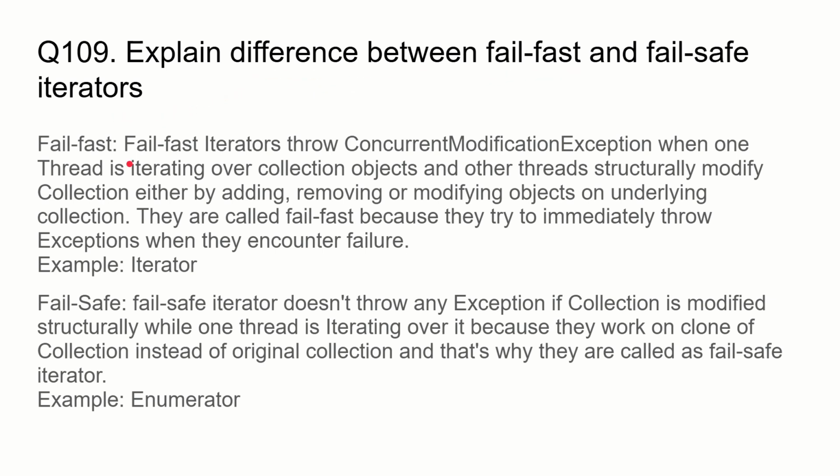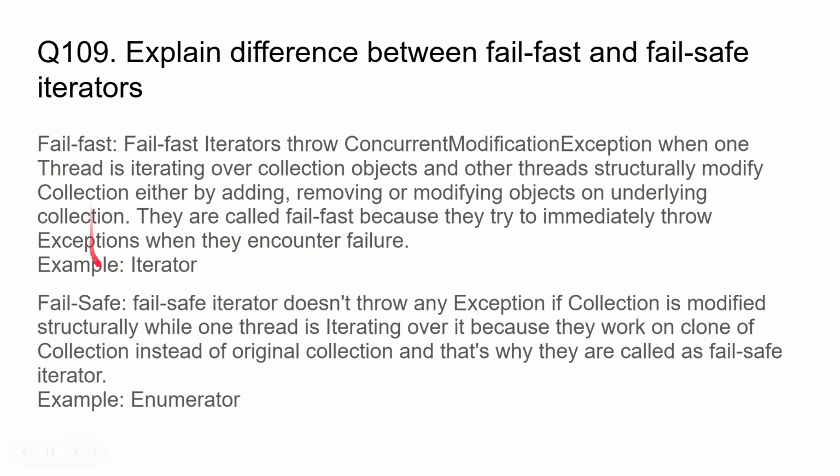Basically, fail-fast iterators throw ConcurrentModificationException when one thread is iterating over a collection object and other threads structurally modify the collection, either by adding, removing or modifying objects in the collection. They are called fail-fast because they try to immediately throw the exception when they encounter a failure.